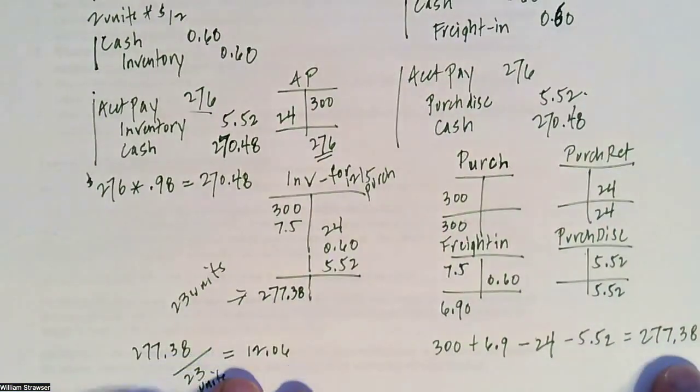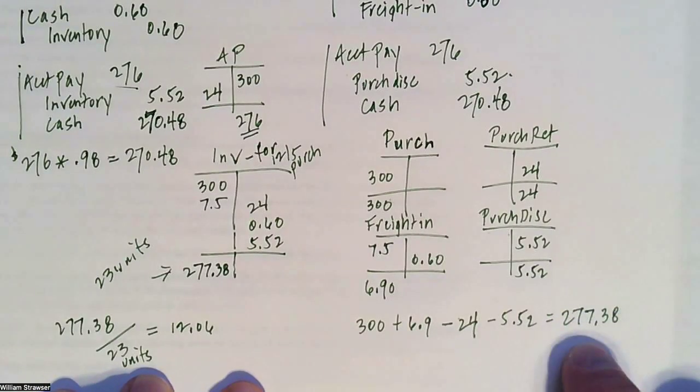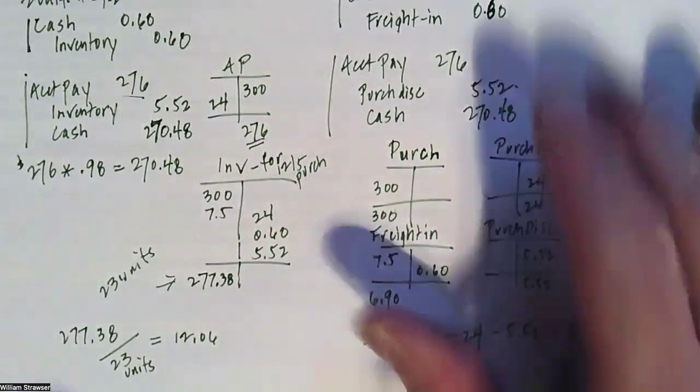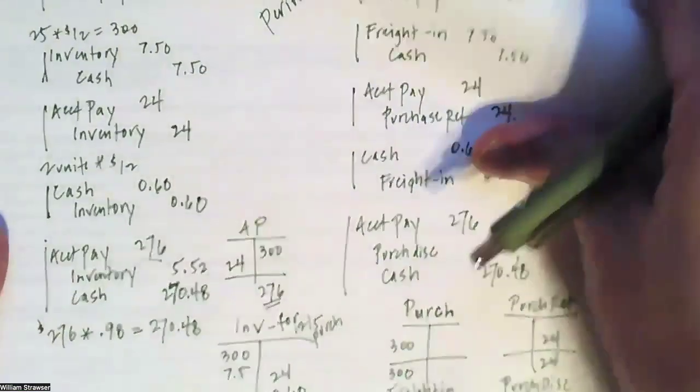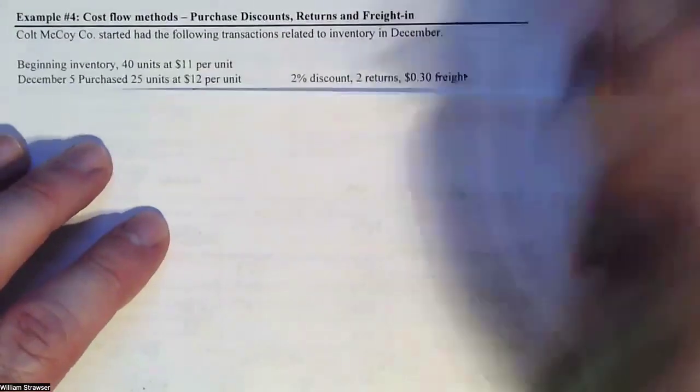Could do the same thing over here because it represents the same amount of inventory. It's a net purchase number. I could determine what each of these actually became. Okay. Another way to do this, a faster way, is to just look at these price points. This $12 price point is the gross value.